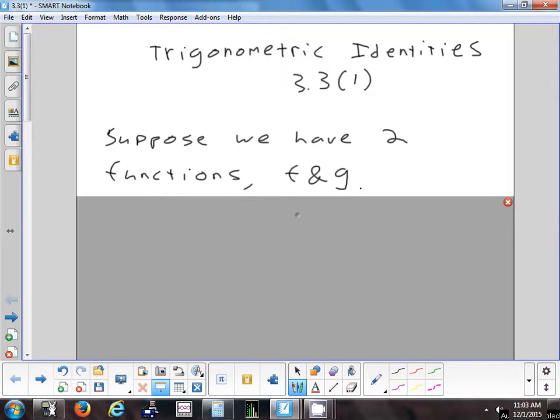All right, so first thing I want to make sure everybody understands is what is an identity. Specifically, we're going to work with trig identities, but first I want to make sure you know what an identity actually is.